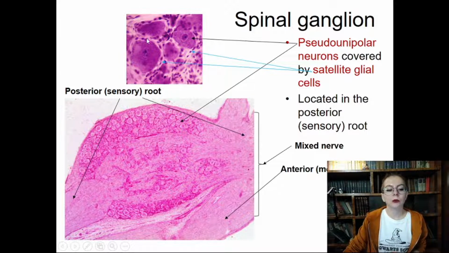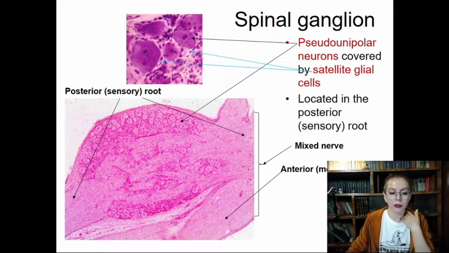And neurons contain very well developed Nissl substance, which reflects the degree of their activity. So the spinal ganglion is represented by those two types of cells, pseudo-unipolar neurons with large bodies surrounded by the satellite glial cells.